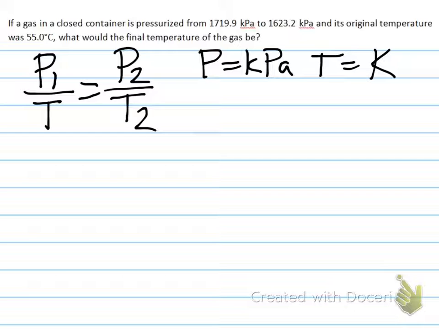When I look at my problem, if a gas in a closed container is pressurized from 1,719.9 kilopascals, that's my P1, and it's pressurized to 1,623.2 kilopascals, that's my P2.